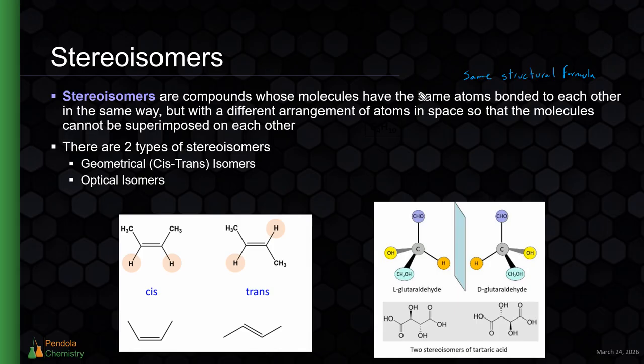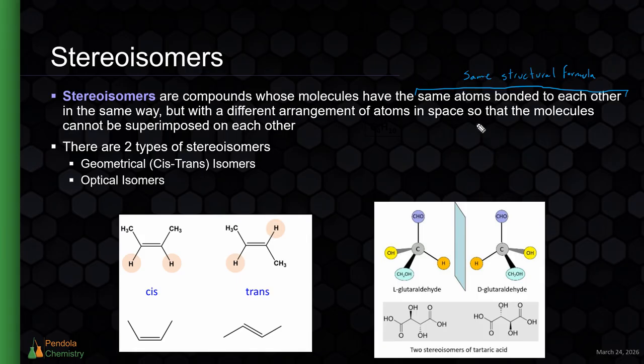So unlike structural isomers, where the structural formula is different even though the chemical formula is the same, with stereoisomers, even the structural formula is going to be the same. The only way to tell stereoisomers apart is to draw them three-dimensionally for one of them, or for them to have a specific type of bond for the other.